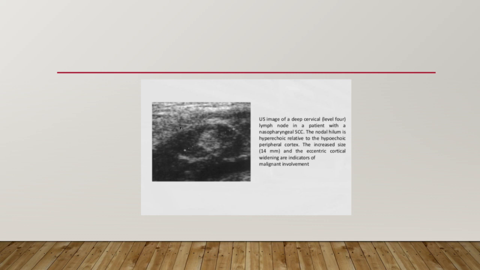So, this all points towards a malignant metastasis into this lymph node. So, you look at the hilum and the cortex. The hilum is hyperechoic compared to the cortex, which is hypoechoic, and the total size of the lymph node is also enlarged.